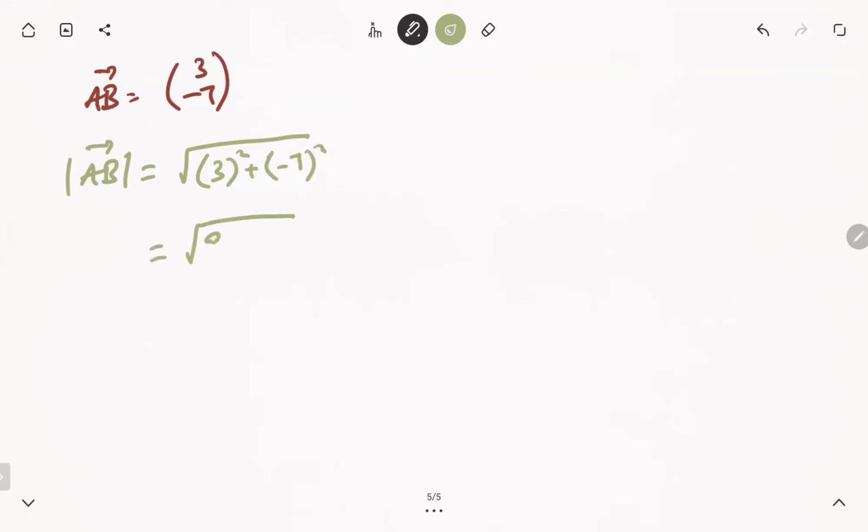So it is 9 plus 49, which is square root of 58. If this is in paper 1, then that's your final answer, square root of 58. अगर paper 2 है तो you can use your calculator and write your answer correct to 3 significant figures. So that is the length of a vector.